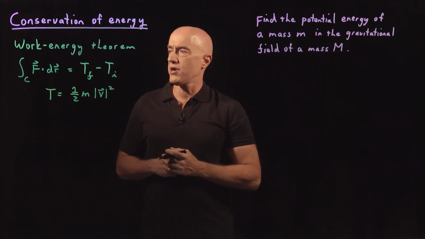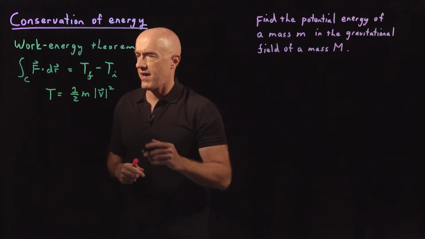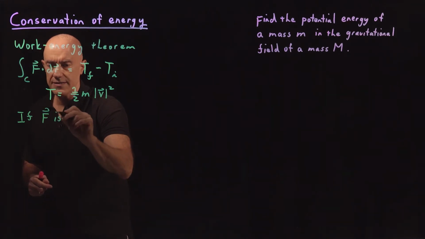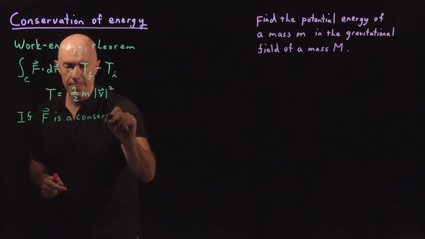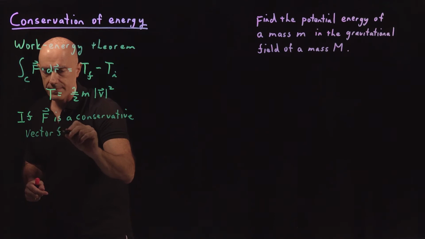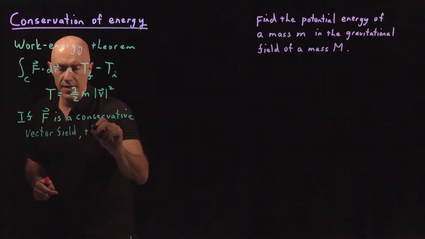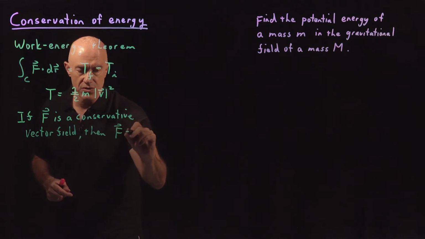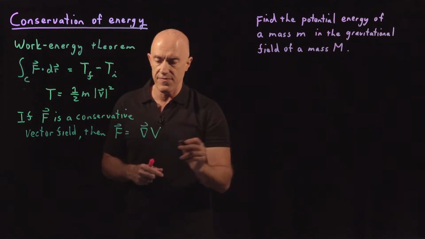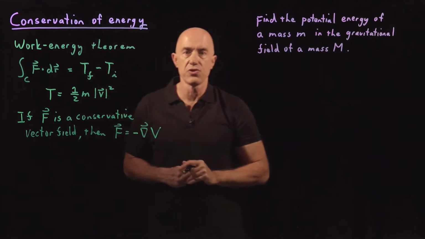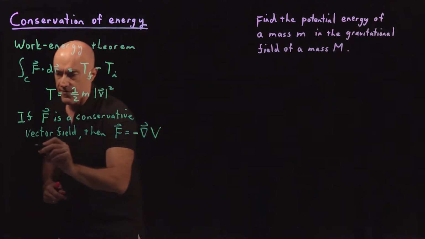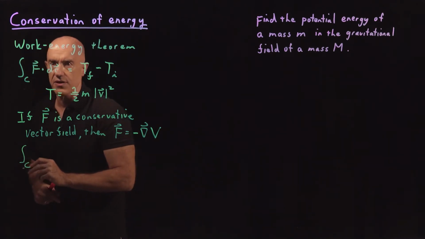Conservation of energy occurs when the force is a conservative vector field. So if F is a conservative vector field, then we can write F equal to the gradient of a potential. And to get the conservation of energy law, we usually introduce a negative sign here. So what does that give us if we then compute this integral using the gradient theorem?